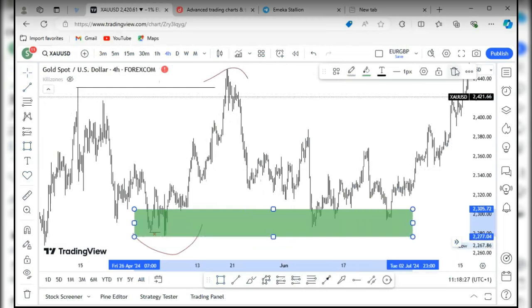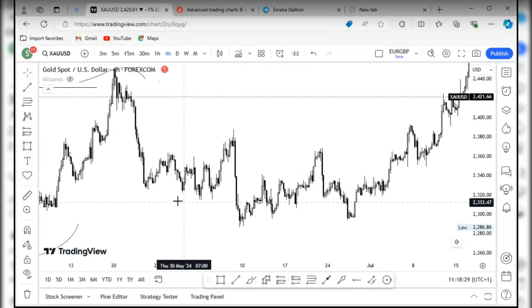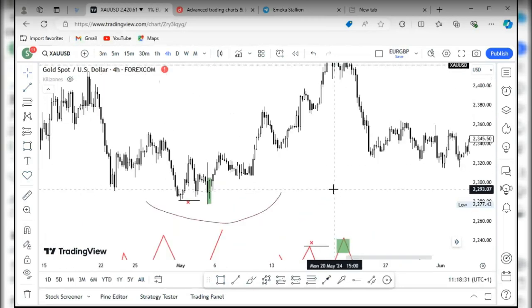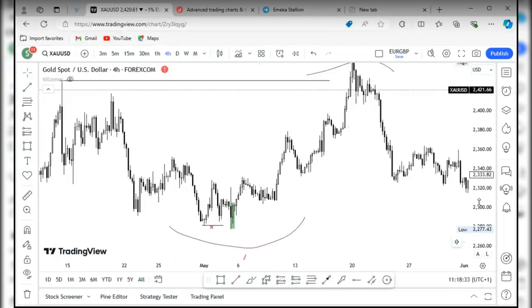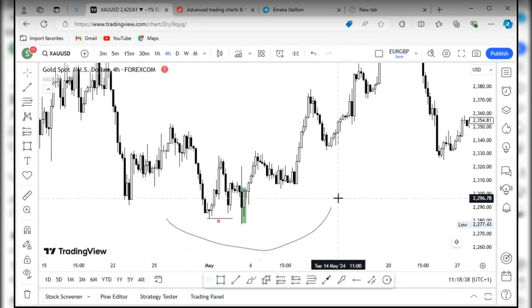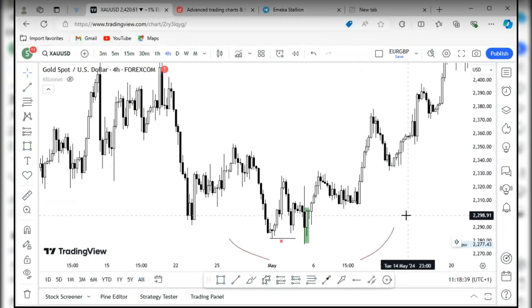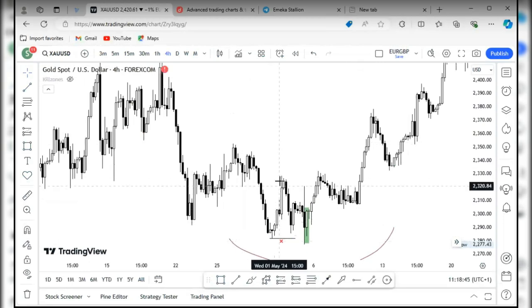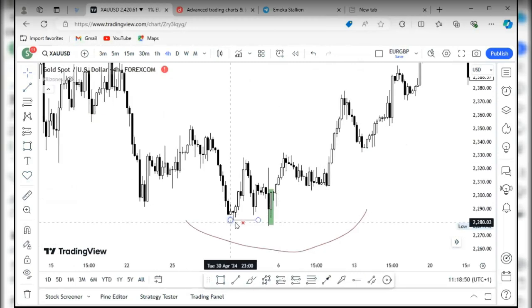Now let's find out what is within this that makes it valid, because this is the low, this is the high. A new range has been identified. So let's look at the lows. While price was trading lower, you can see that high, this low, this high, this low. Then price created this, and you can see how price swept these lows first.